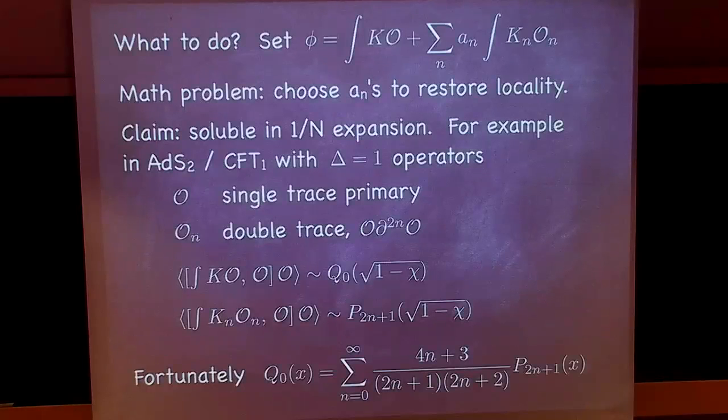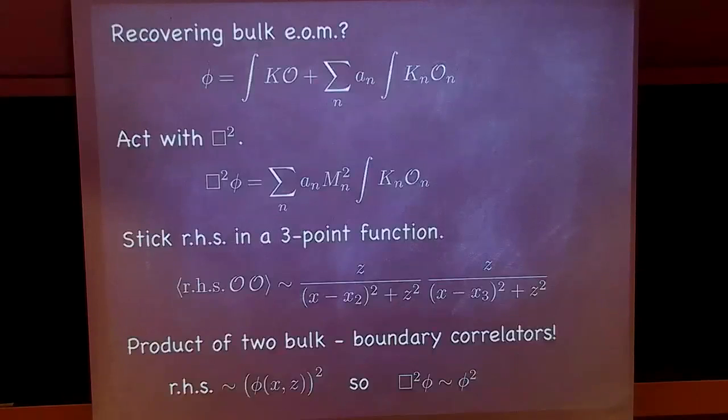Okay, good. So in this way, we're able to build a field in the bulk that's local to order 1/n. But it's still not quite satisfying because we'd like to say a little bit more. We'd like to say, for example, what are the bulk equations of motion?